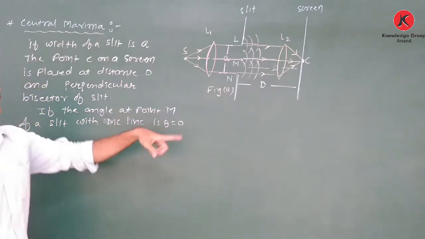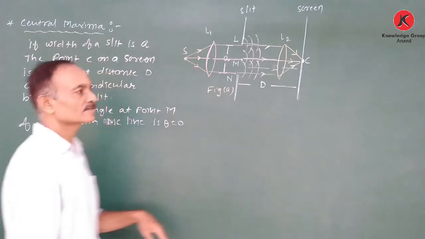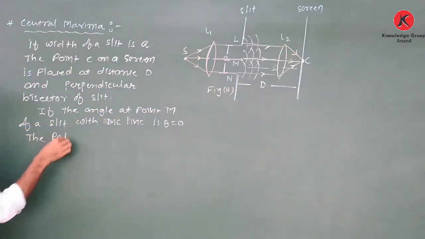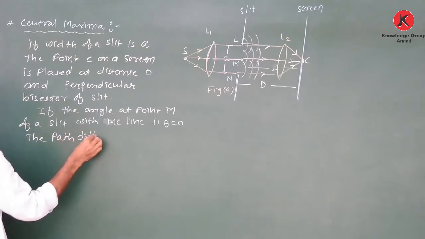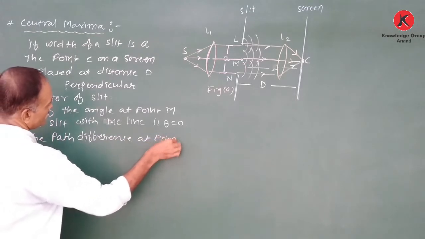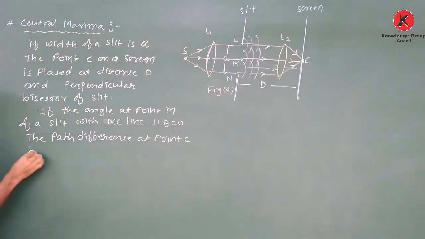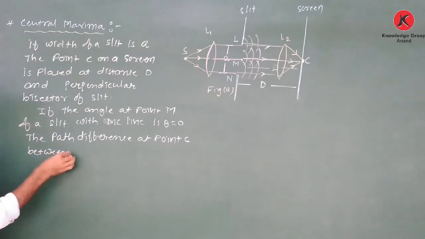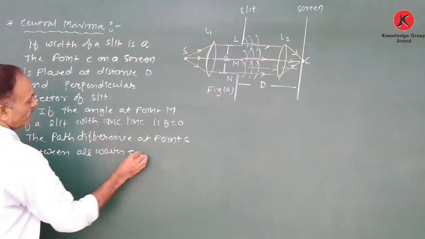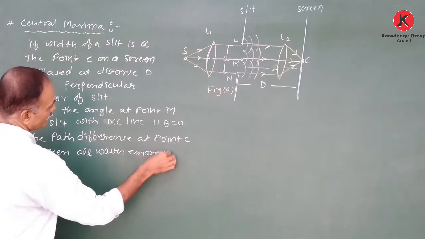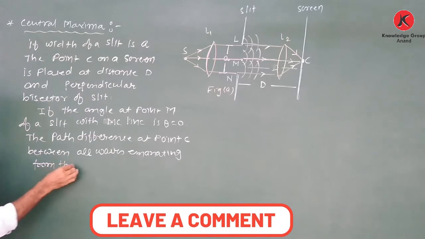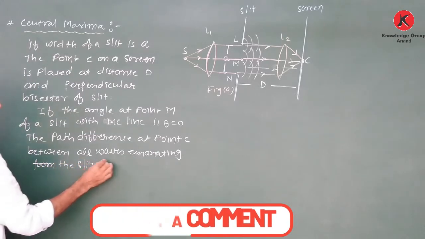the path difference at point C between all waves emanating from the slit is 0.